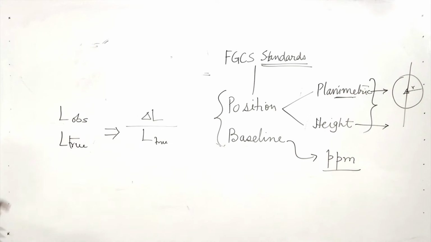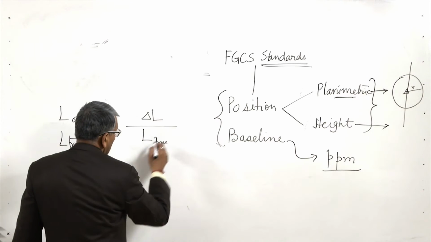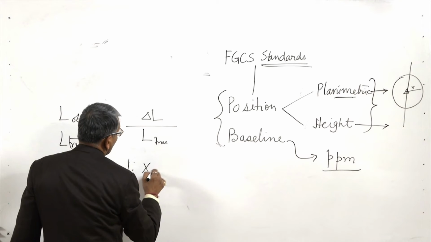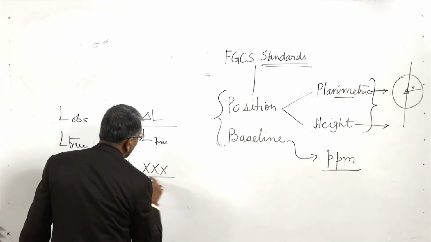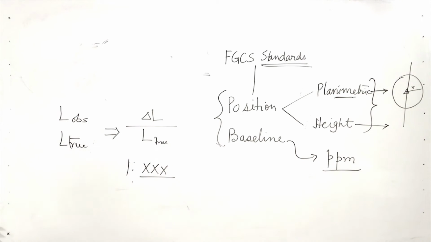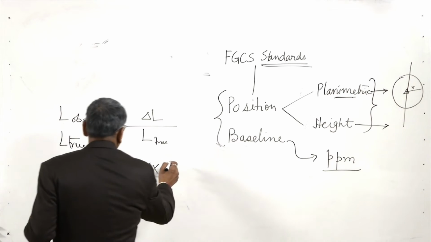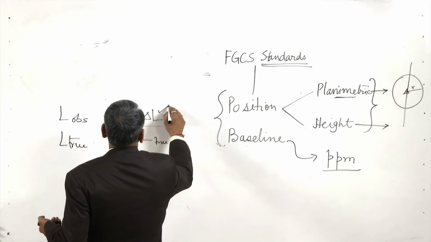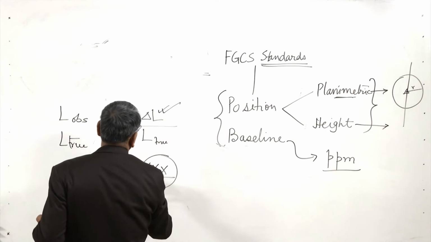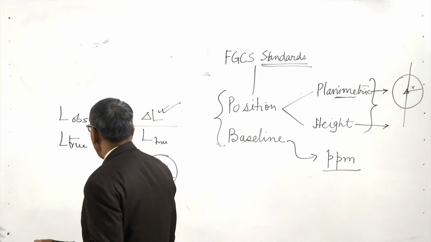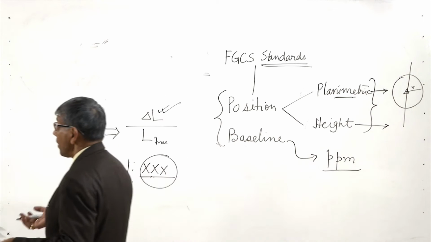Now this can be 1: some value. So depending upon this 1: value, our standard will be defined. So the lesser the error, the higher will be this ratio, and the better will be our order.